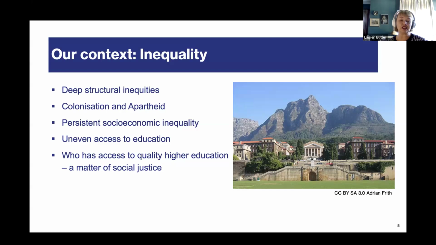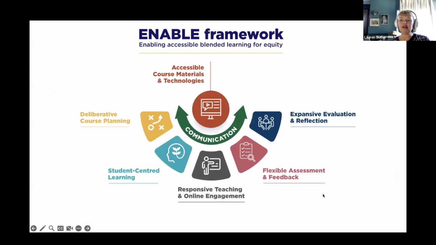It's not pedagogy. It is actually a matter of social justice that we are considering in this question of who has access to quality higher education. And it's with this context in mind that the Enable framework came to life.